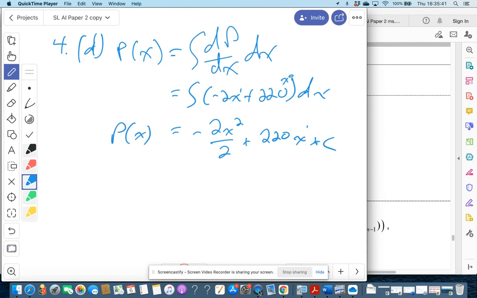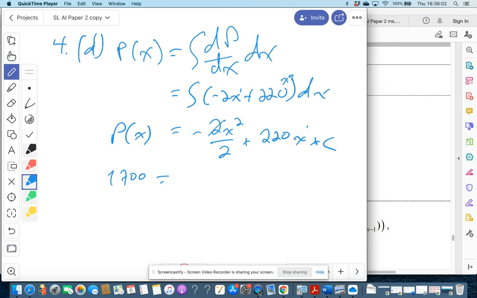We were given some information here: the profit is $1,700 for 20,000 boxes, again remembering that X is in thousands.